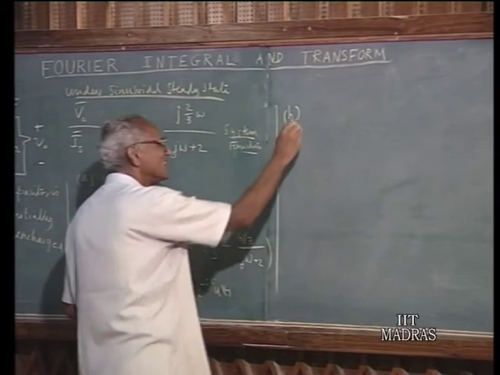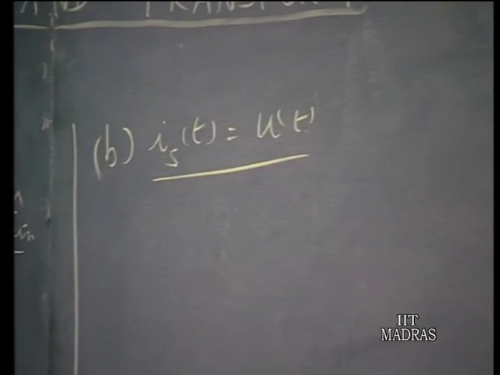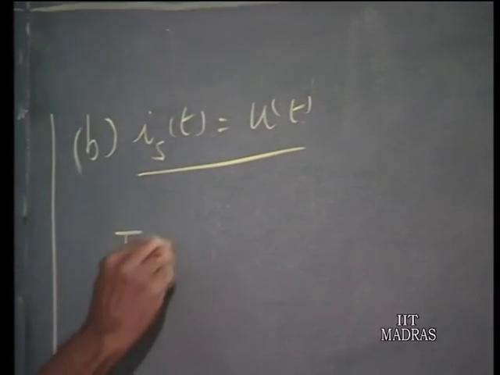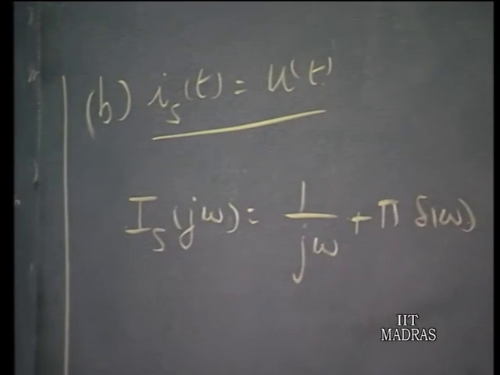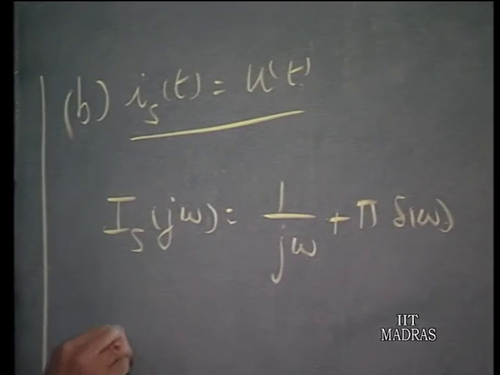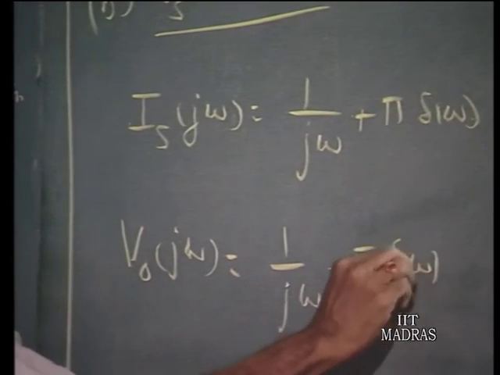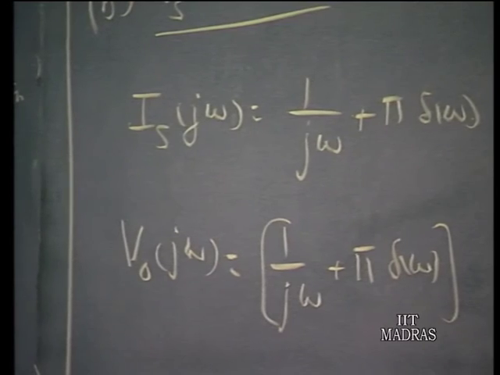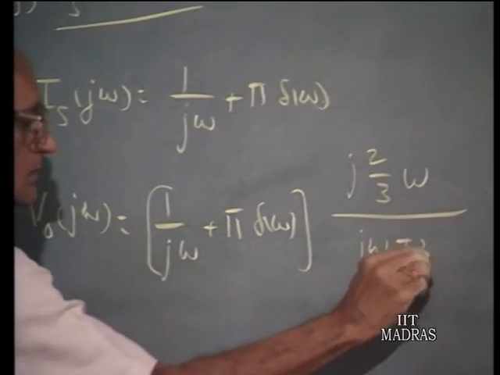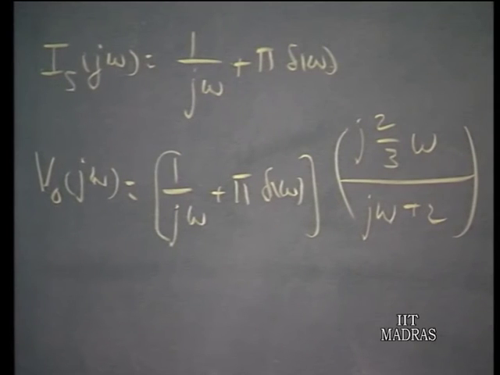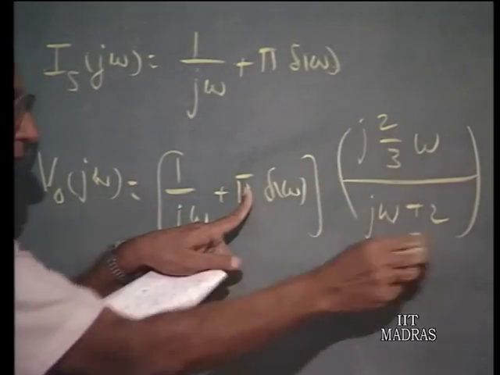Then a second case, suppose I s of t is a u of t, then I s of j omega, the input Fourier transform, is 1 over j omega plus pi delta omega, and the output V naught of j omega is 1 over j omega plus pi delta omega multiplied by the system function, which is j 2/3 of omega divided by j omega plus 2, and you can simplify this and show this to be equal to, you see, pi delta omega multiplied by this becomes 0, because this whole function is 0 at omega equals 0.